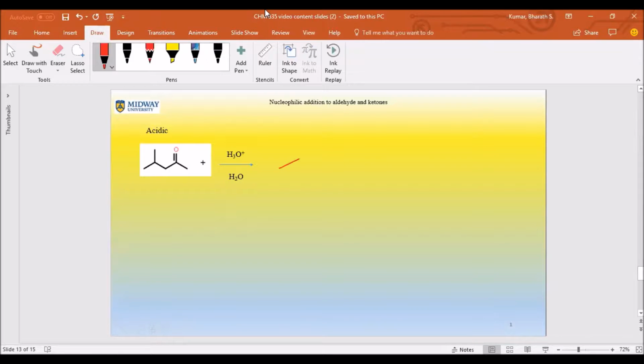So let's go ahead and write our reactants. Now keep in mind, particularly when you're reacting in acidic medium, your oxygen comes with two sets of lone pairs, right?